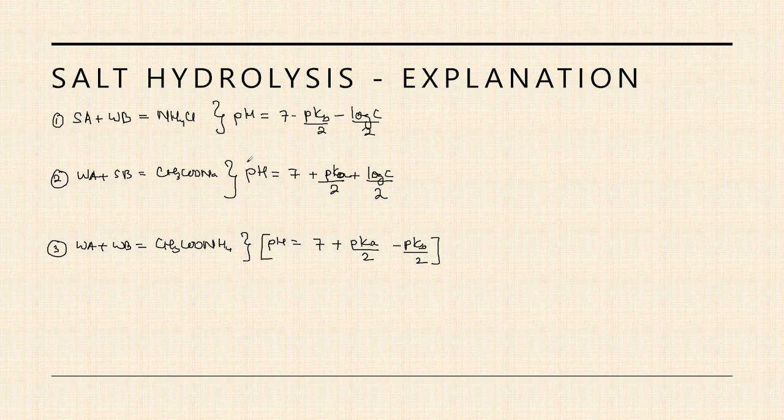These relationships do get asked, in the sense that they will not ask you to write or derive these relationships, but they will give you questions where you will be solving things using them. Now it is imperative to know that there are some other types of salts which can also be created in this process.